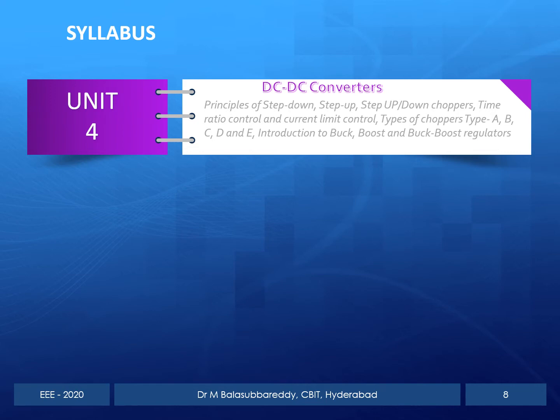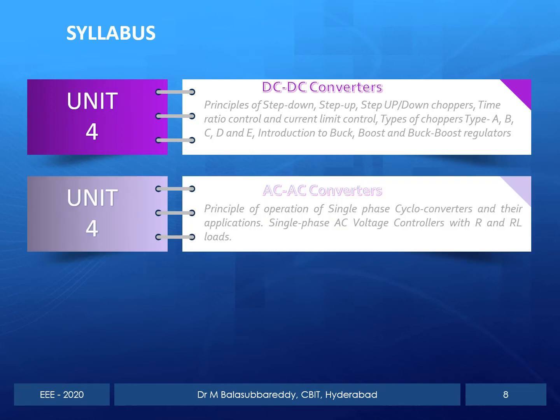Types of choppers we can divide as single quadrant, 2 quadrant and 4 quadrant choppers. These are also classified as A, B, C, D, E. Another is switching regulators, that is buck converter, boost converter, buck boost converters. These are the chopper configurations, that is DC to DC converters.